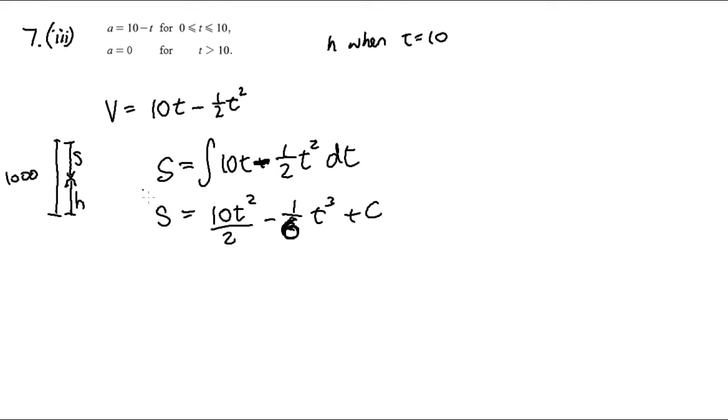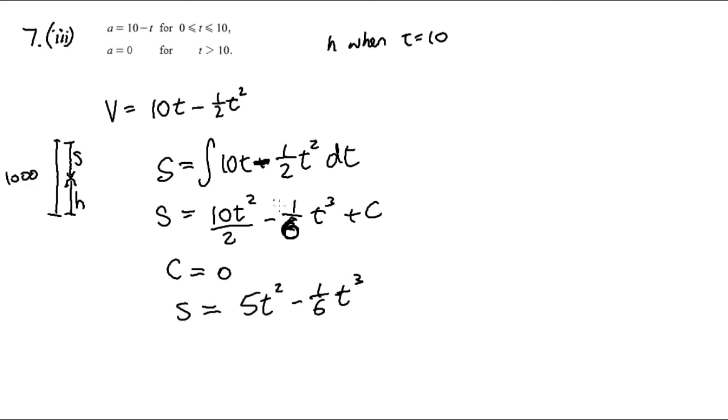And we know that the initial s is 0, and therefore c is also 0 by putting in 0 for t. So s is 5t squared, take a sixth of t cubed.